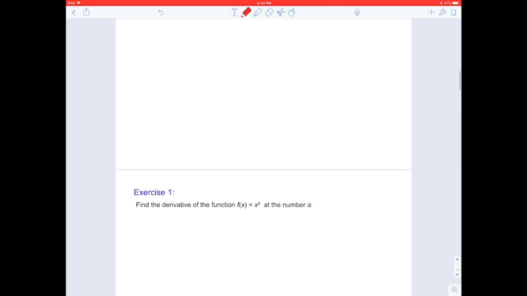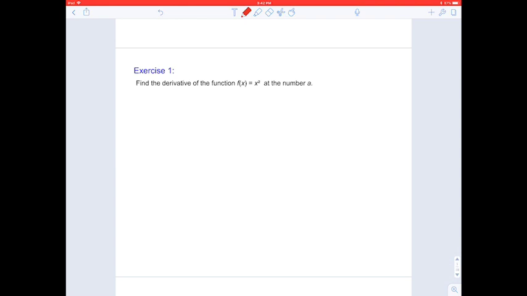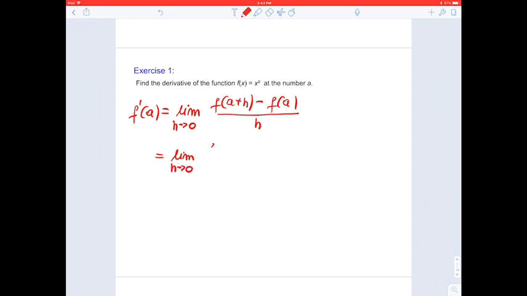Okay, now let's see. Find the derivative of the function x squared at the number a. I know that the derivative is defined as the limit as h goes to 0 of f of a plus h minus f of a all over h. Actually, I can substitute and evaluate.